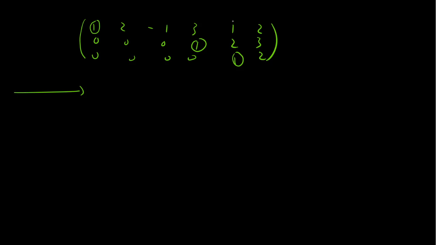Negative 1 multiple of row 3, you just write as negative row 3 and add the multiple to row 1. Row 1 is turned to that. Right? Eventually, we're going to have the final form.